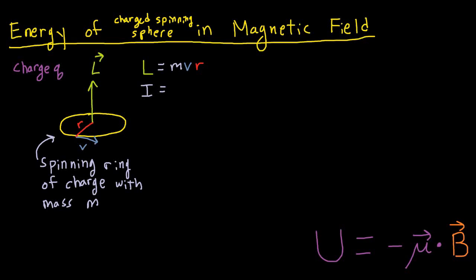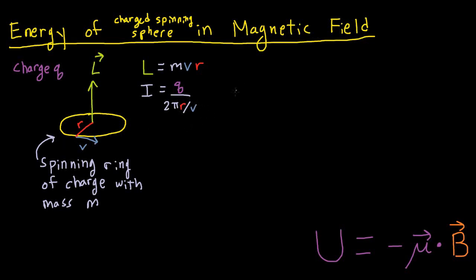And that's just equal to the total charge Q divided by the period of the ring. And what's the period of the ring? It's just 2 pi r, which is the perimeter of the ring, divided by v, right? That's the time it takes for the ring to rotate once.